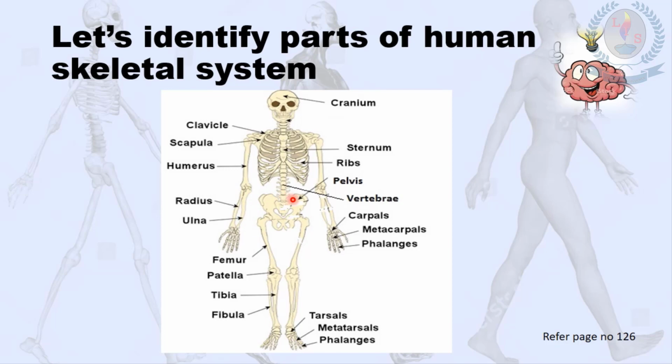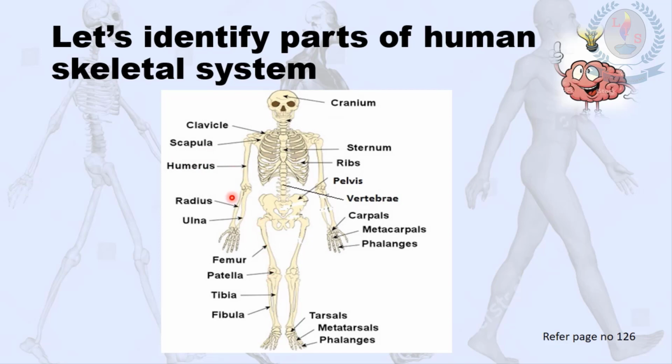Here there's an irregular bone which mainly makes up our hip area, known as the pelvis. We can identify the humerus and femur as long bones in the human skeleton. Why do we call them long bones? Yes, they're quite lengthier than the other bones. The humerus is in the arm and the femur is in the leg.